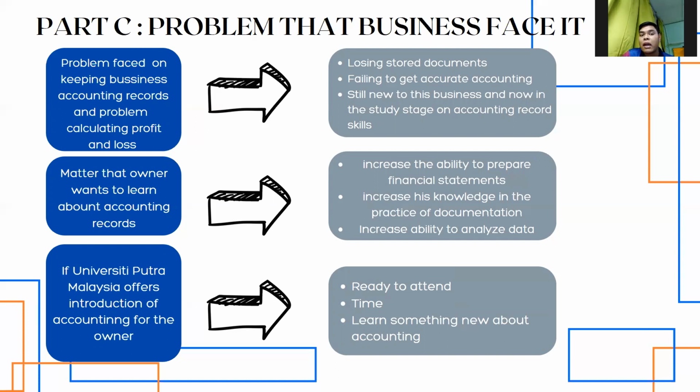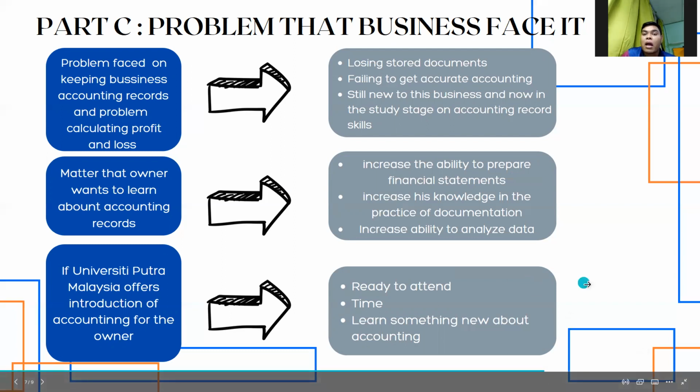He also said that a system in the business is very important. Financial management is very important because it is able to shape business profits and so on. So I pass to the next presenter.